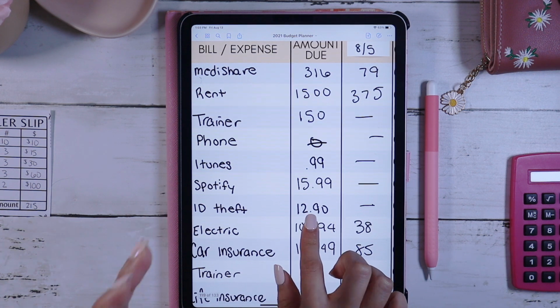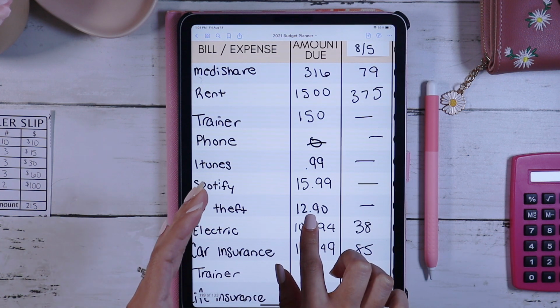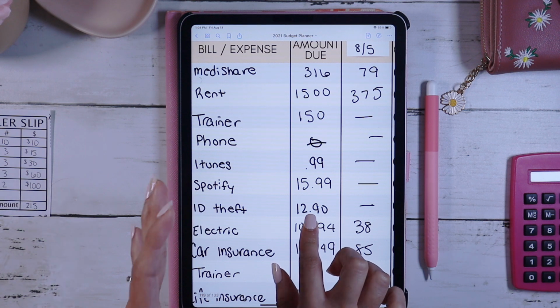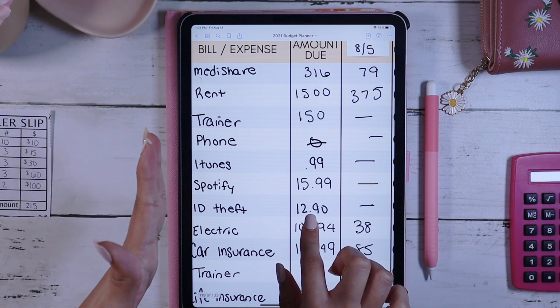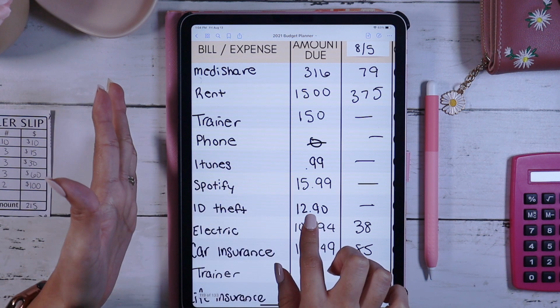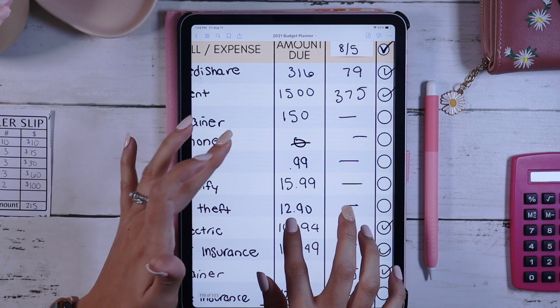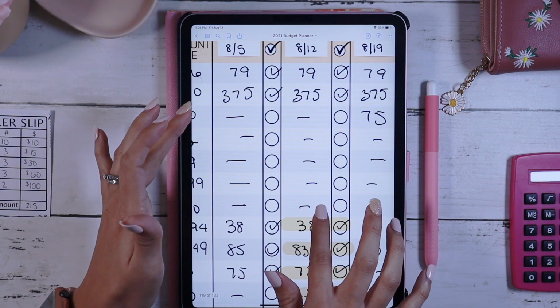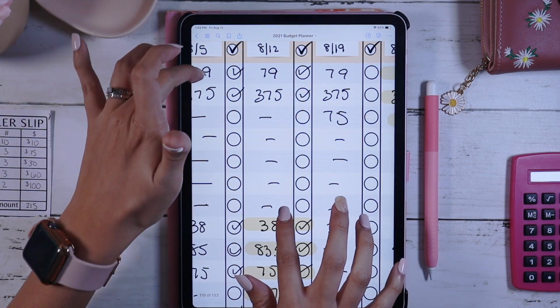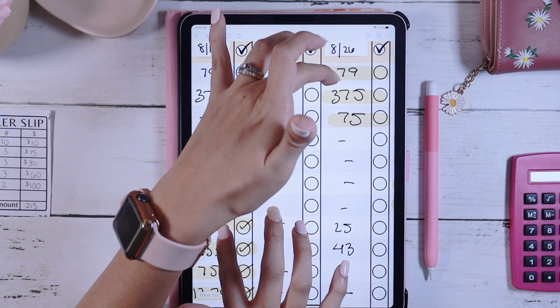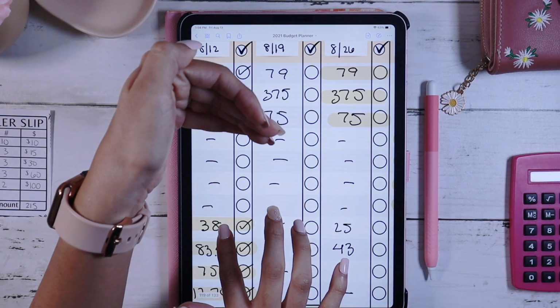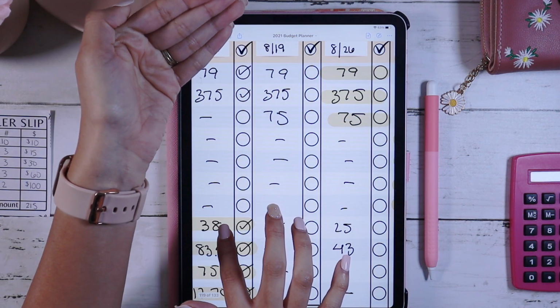Having the money ready to be paid by the first, we need to make sure that we have the full amount funded on the last paycheck of the prior month. So with the $316, you're going to see that we divided it up by 4 up here. And this day is the last payday that we are going to receive before the 1st of September.